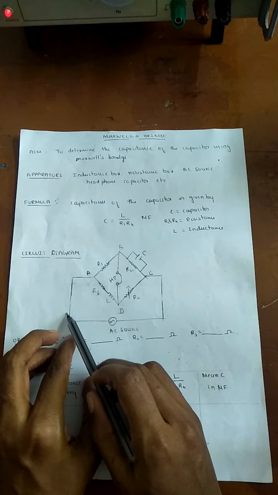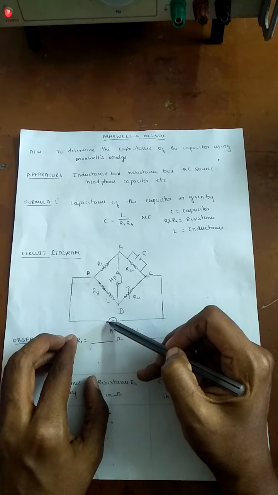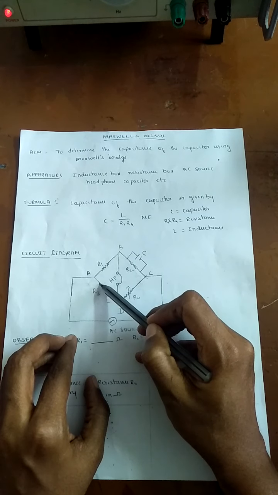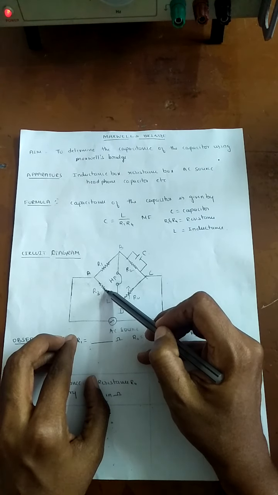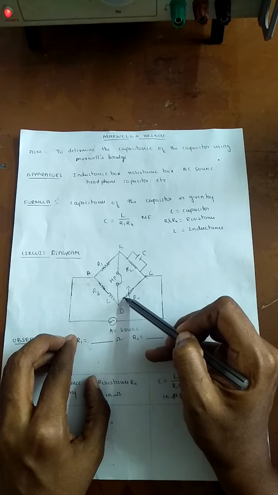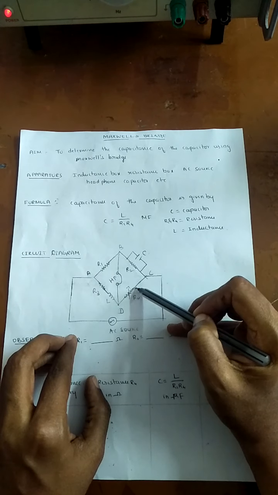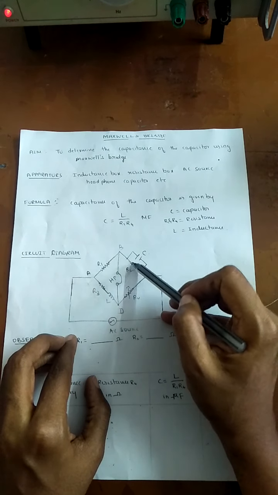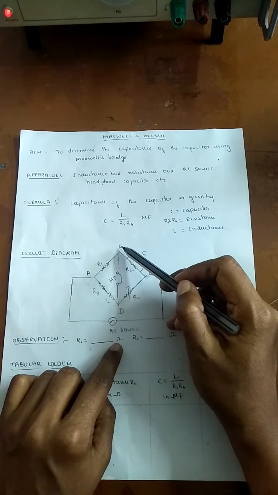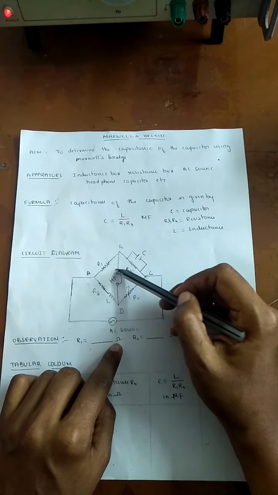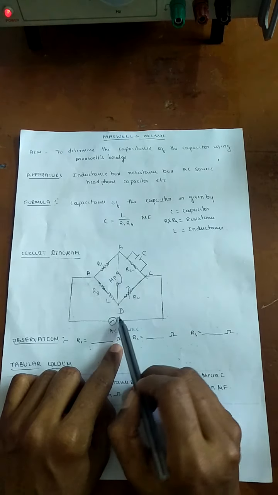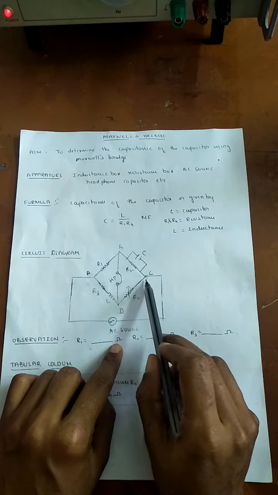One end of the AC source is connected to R1, the same end of R1 is connected to R3, and the other end of R3 is connected to the inductance. The other end of the inductance is connected to R4, and the other end of R4 is connected to R2. In between B and D the headphone is connected, and parallel to R2 the unknown capacitor is connected, and the other end of the AC source is connected to R2.